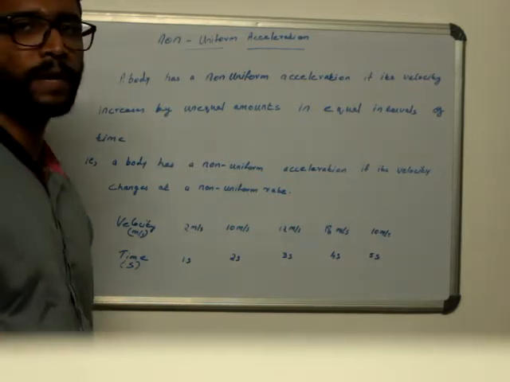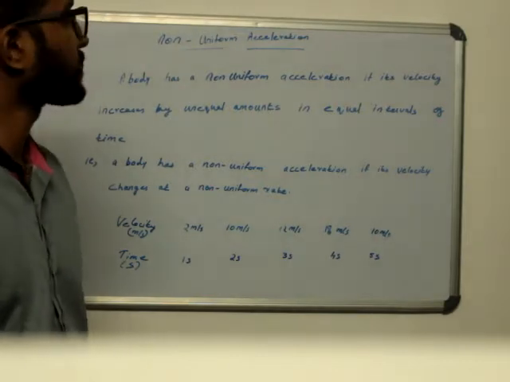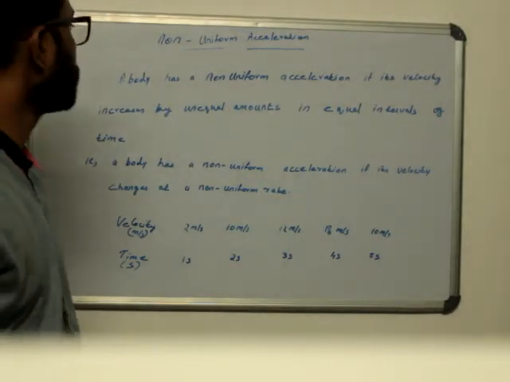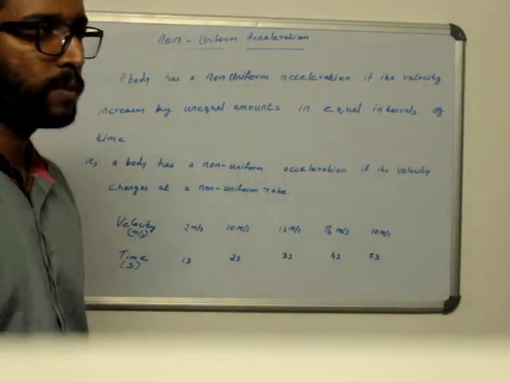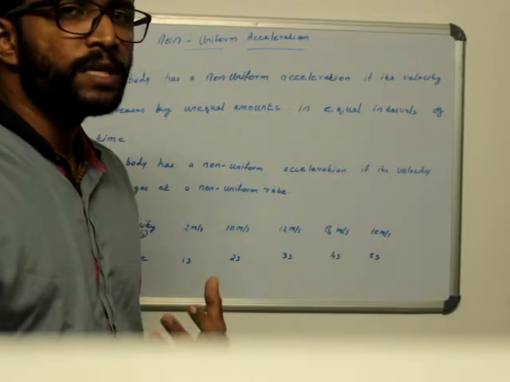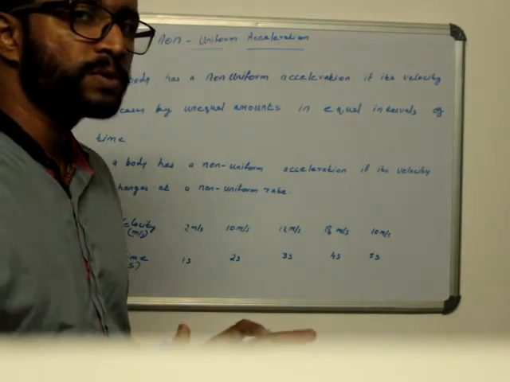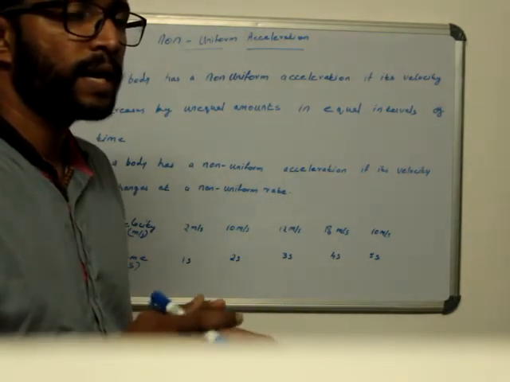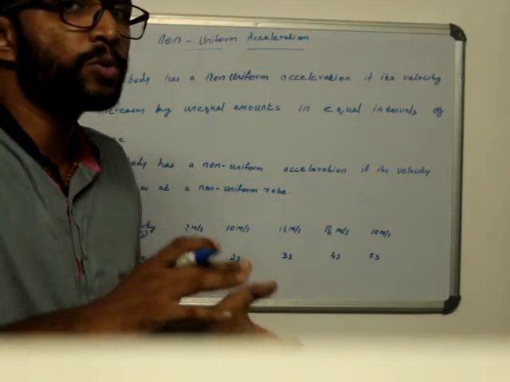Now, non-uniform acceleration. A body has non-uniform acceleration if its velocity increases by unequal amounts in equal intervals of time. That means the rate of change of velocity at equal intervals of time should be different.